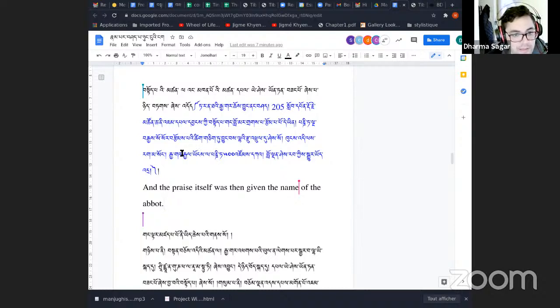Then he was again saying that it would be very difficult, in his opinion, to have 500 panditas gather at the same time in India. So for him, this version looks not so realistic. Besides that, he said that in most other commentaries, translations and editions, it is Ngok Lotsawa Loden Sherab, the translator from Sanskrit to Tibetan.